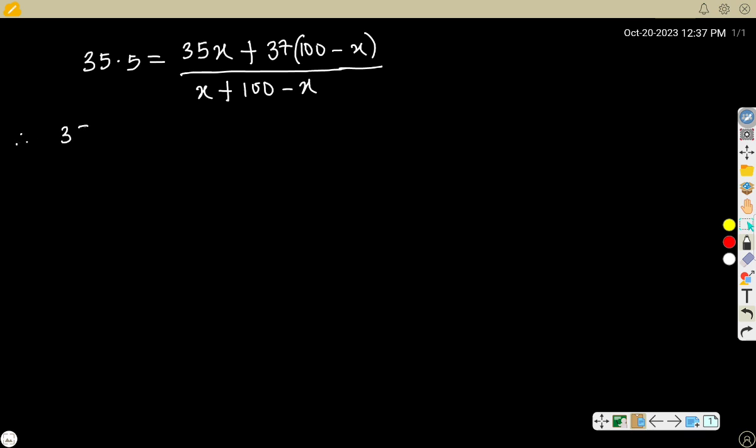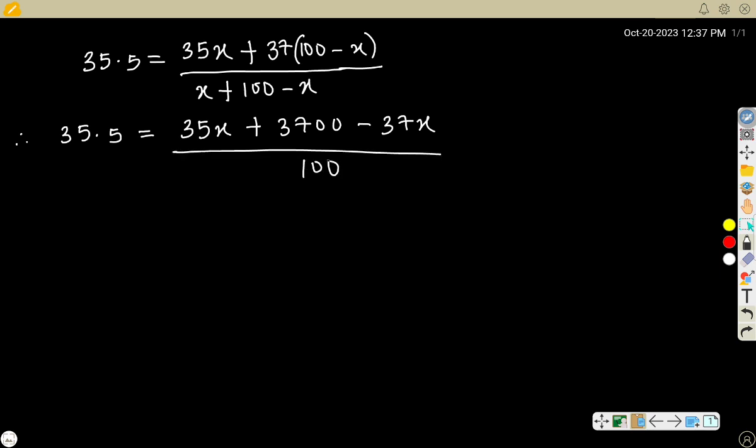Now this will be 35.5 equals 35X plus 3700, opening the brackets, so you have 37 times 100, minus 37X, everything over 100, because X minus X is 0.